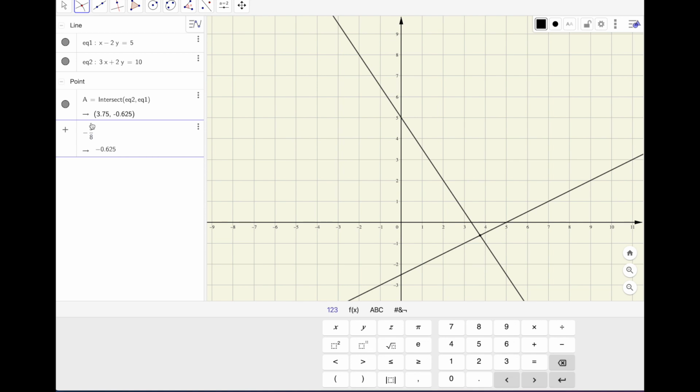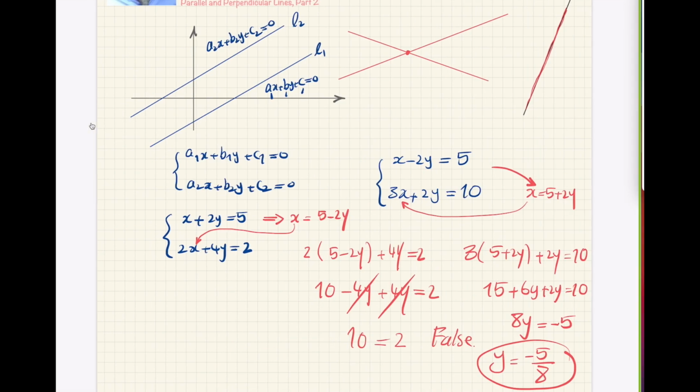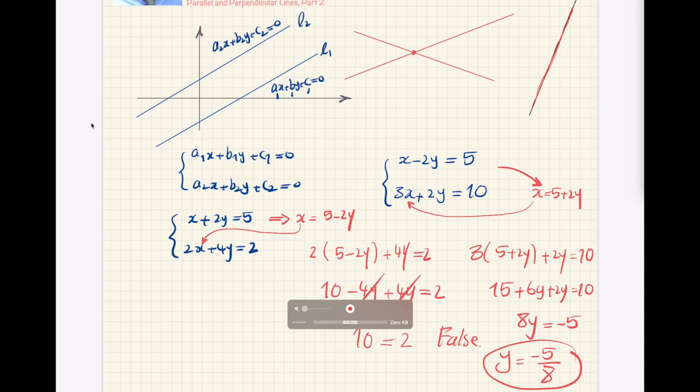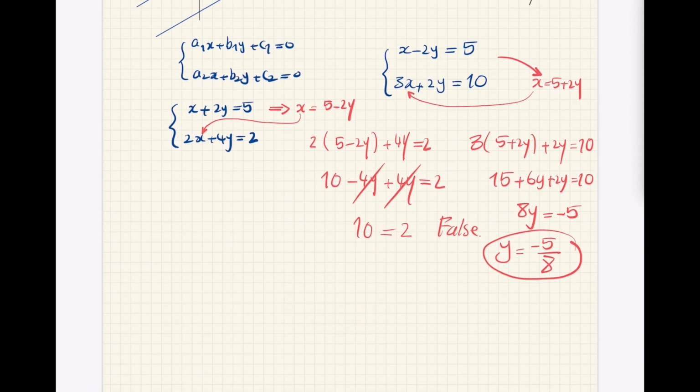Yes. So how should I solve that, by the way? This is, of course, I am looking ahead. We will talk about this systematically later. Don't worry if you don't understand the algebraic one. And then if this is done, I will take it and put it back here to find my x value. So this becomes 5 plus 2 times, what is y? y is minus 5 over 8.